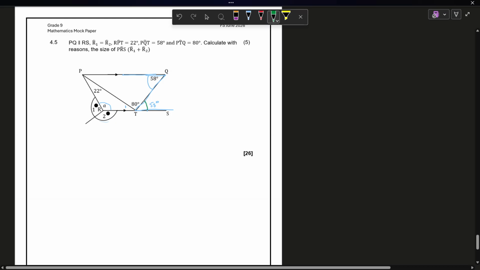That means 58, 80, and T1. So basically T1 plus 80 degrees plus 58 degrees should give us 180 degrees, and the reason is the sum of angles on a straight line.